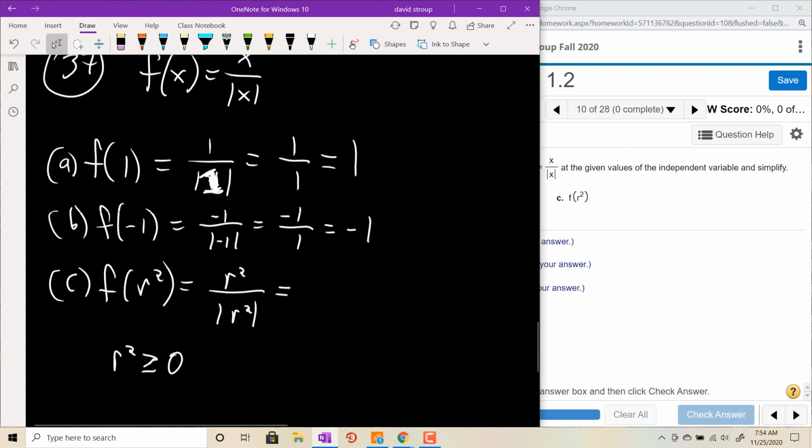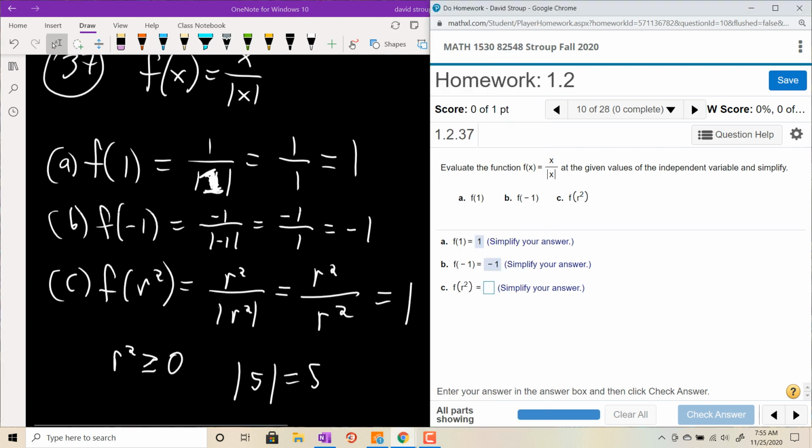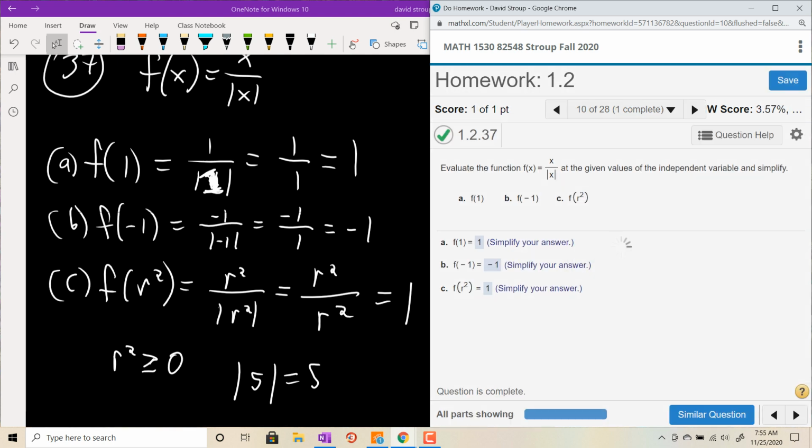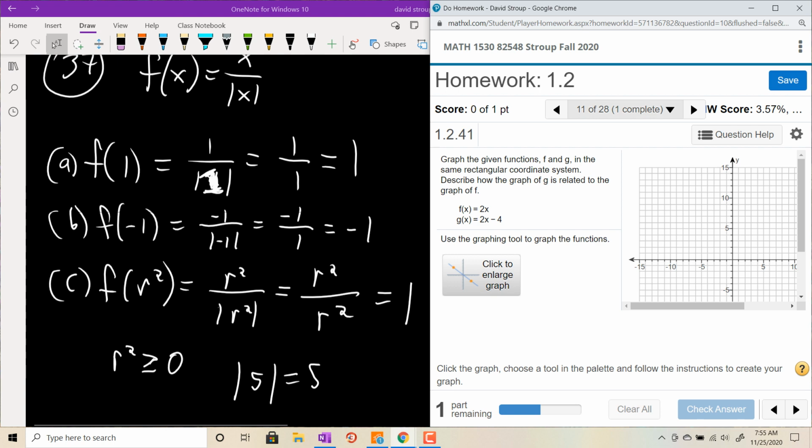But assuming that r is not 0, r squared will be positive. And when you take the absolute value of a number that's positive, like positive 5, you just get back the number. So if we took the absolute value of r squared, we should just get back r squared. So presuming, again, that r is not 0, we will get 1 as our answer. Yay.